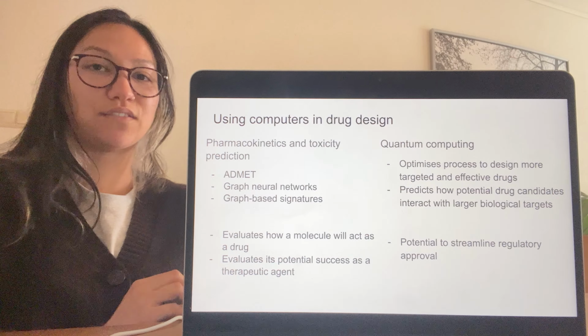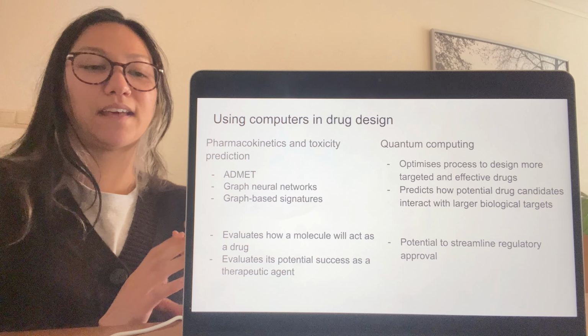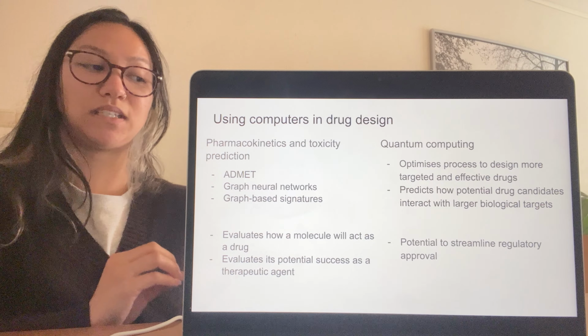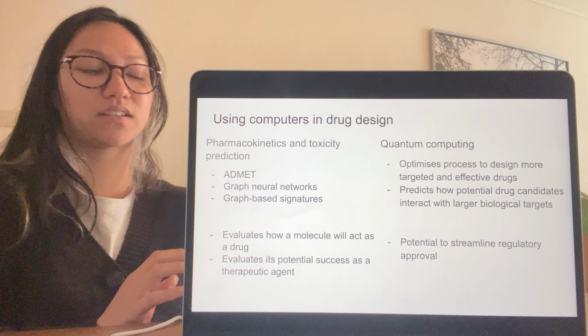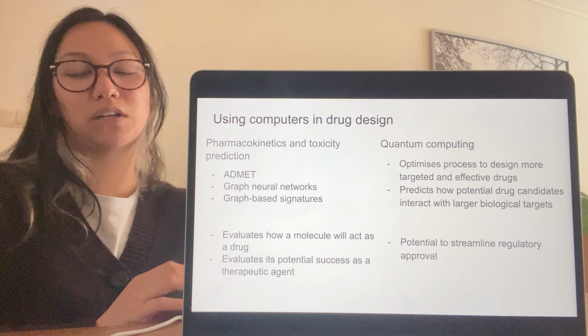And it's also a safer starting point, as any molecule or compound that could be deemed too toxic or cause undesirable effects are identified and disregarded as potential candidates.